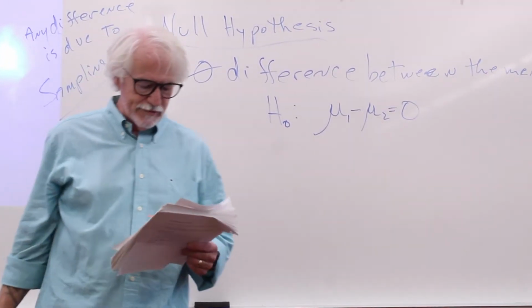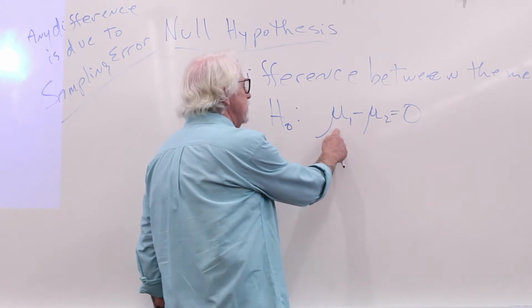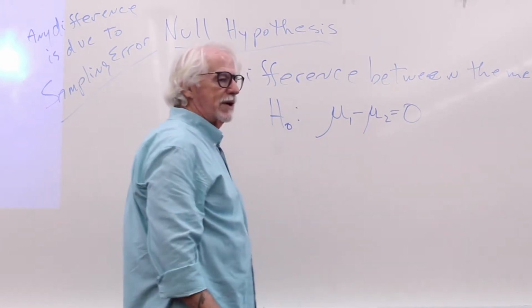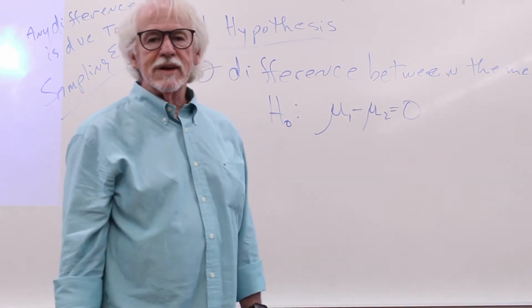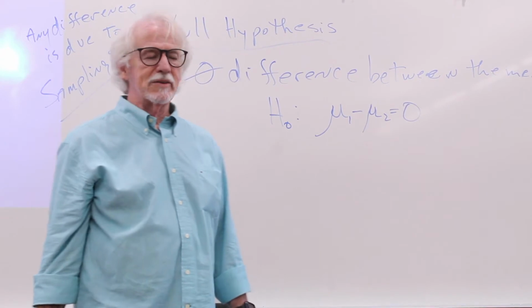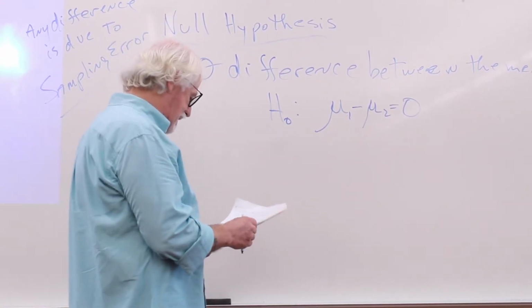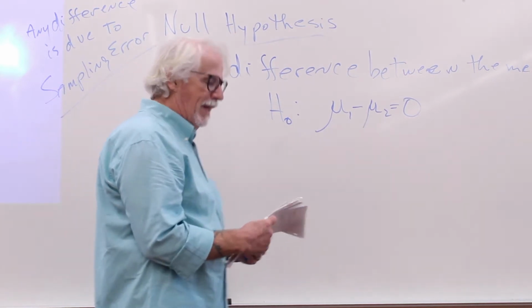There is no difference, right? So this is the mean for one group, and this is the mean for the other group. We only use this because, like I said, it's not a formula, so we don't use M like we would in our algebraic expressions, right? So that's what that says, right? There's no true difference between the means.